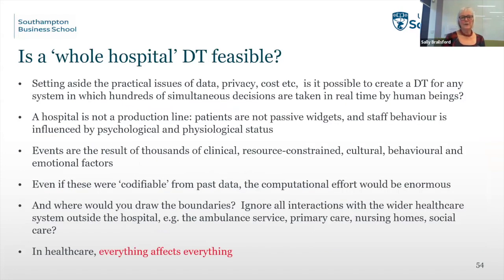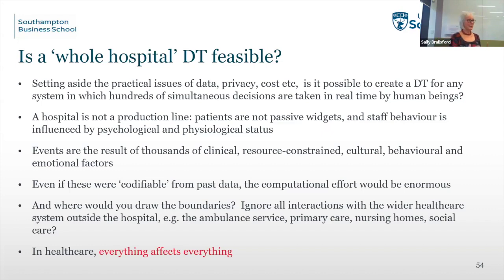So I would question to begin with whether it's actually feasible to build a twin of a hospital. Even assuming you can do it technically, with no problems with privacy or the cost of installing all these sensors and cameras to collect data, you're basically talking about a very, very large human activity system.